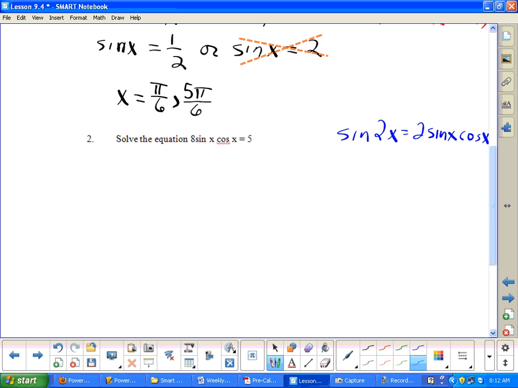This has an 8 instead of a 2. So that means that I could write this as 4 times 2 sine of x cosine of x. So I would have 4 times the sine of 2x equals 5.